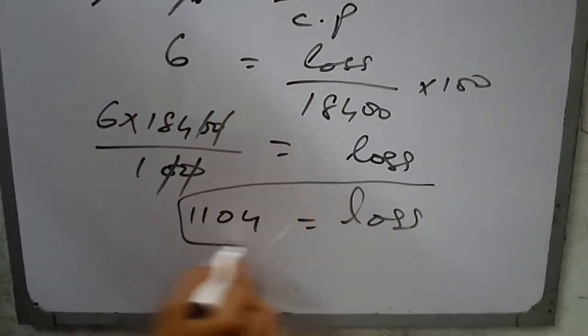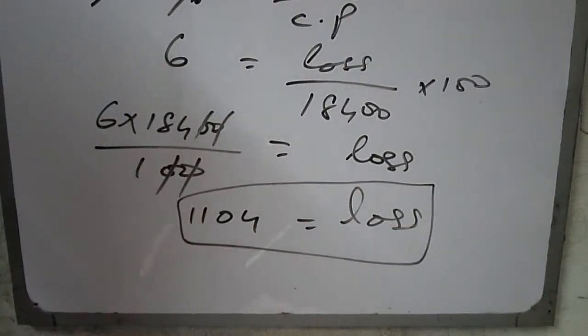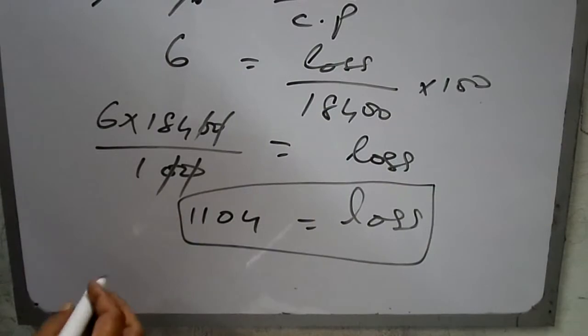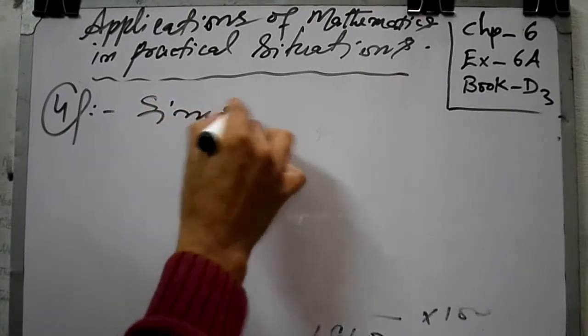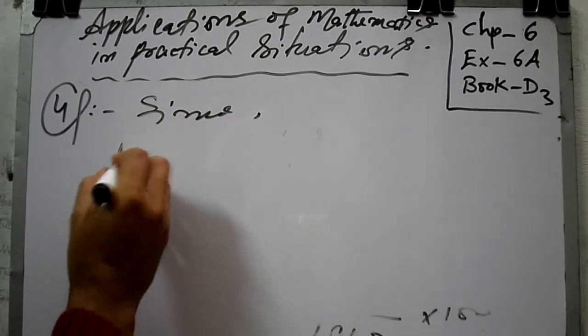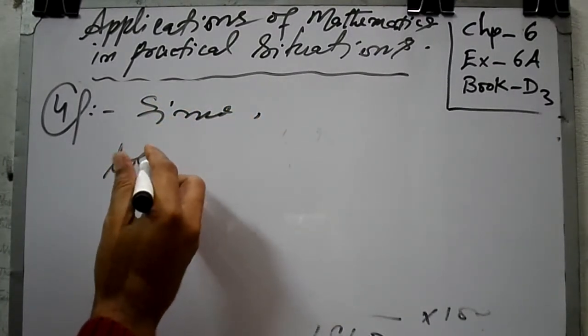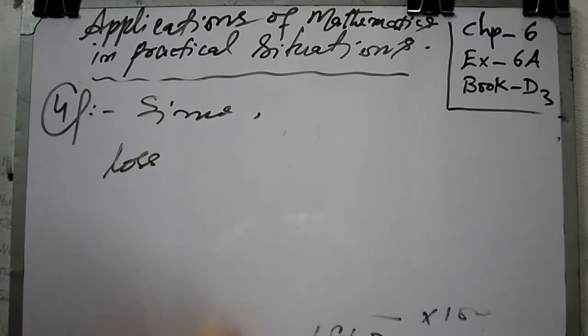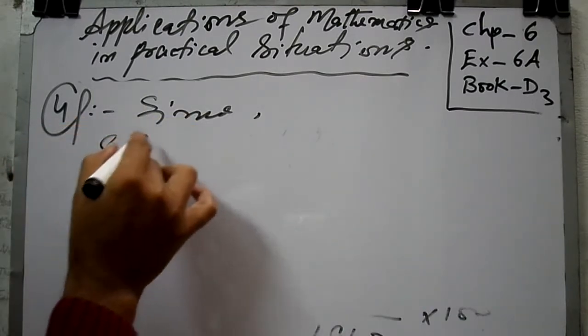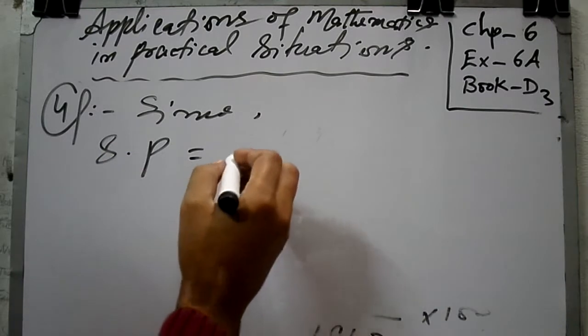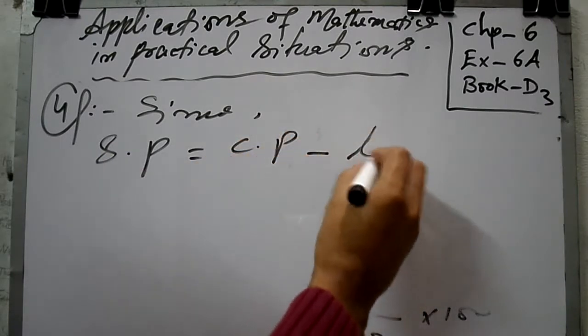Loss is necessary to find sale price, because we have a formula: sale price is equal to cost price minus loss.